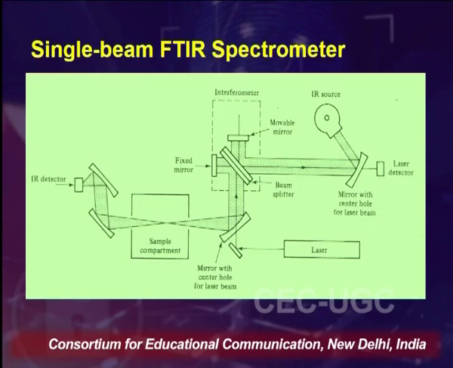The beams coming from the IR radiation through the beam splitter, which fall upon the sample, are in a waveform which can be constructive or destructive. A laser source is used in FTIR spectroscopy, and the radiations falling upon our sample produce an interferogram. These interferograms are then converted into the spectra.